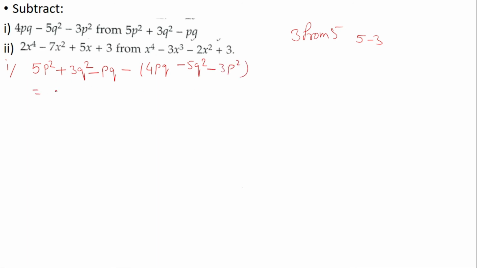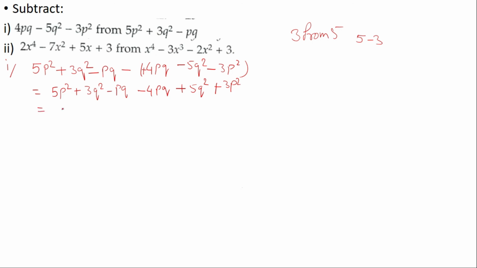There is no symbol before 5p square, that means we consider plus. So plus minus 4pq minus plus 5q square minus 3p square minus plus 3p square.